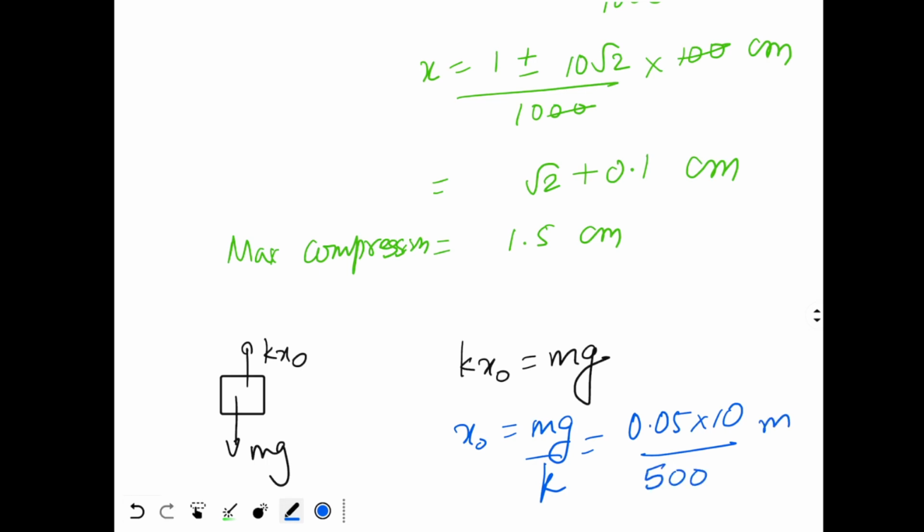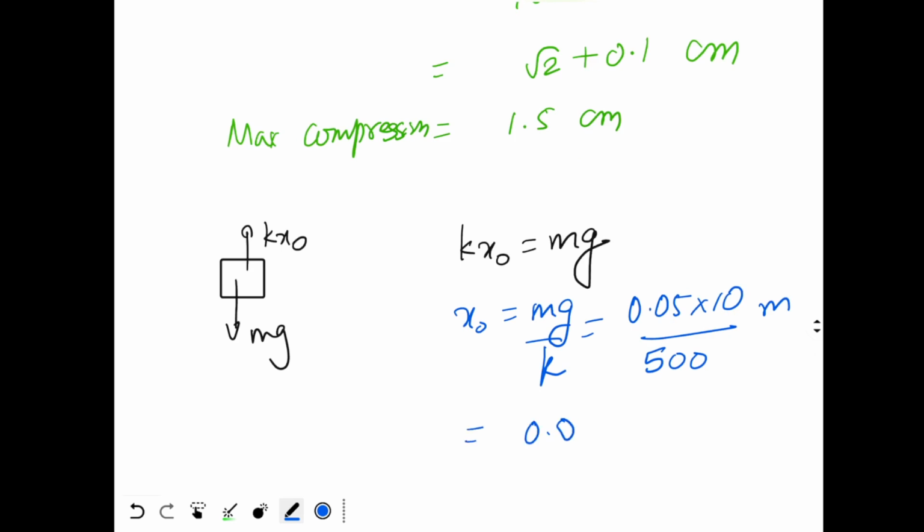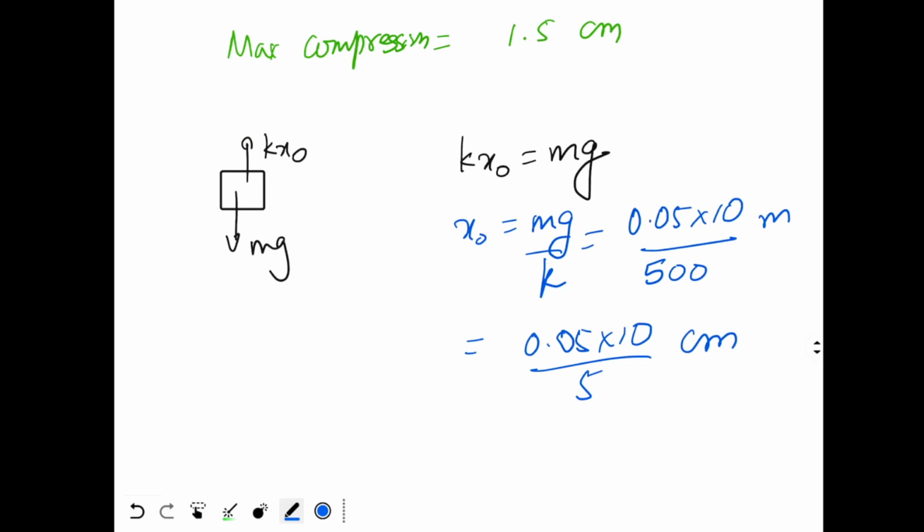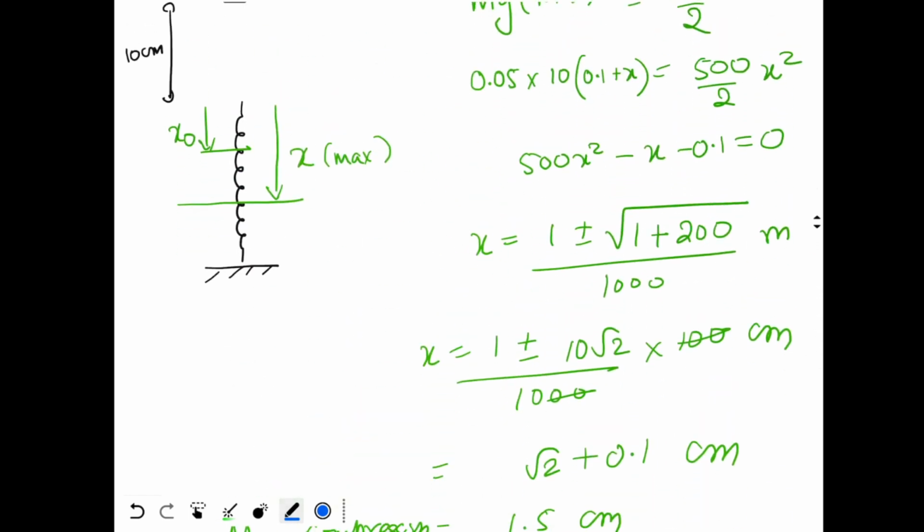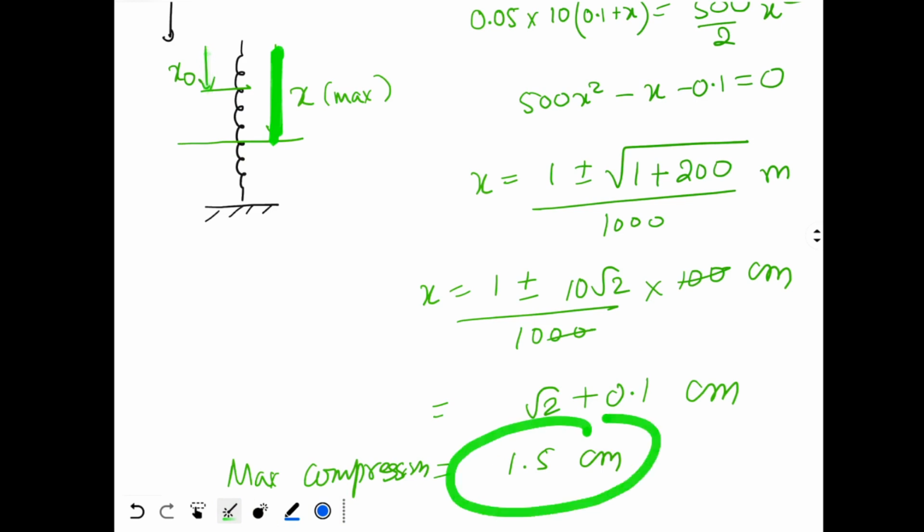We get this in meter, or this will be equal to 0.05 into 10 by 5 centimeter. So this is equal to 0.1 centimeter. So this is the position of equilibrium, which is 0.1 centimeter, and the maximum compression is 1.5 centimeter.